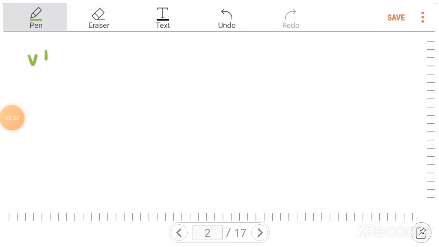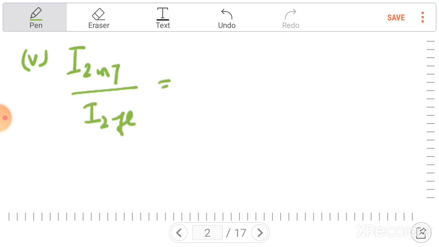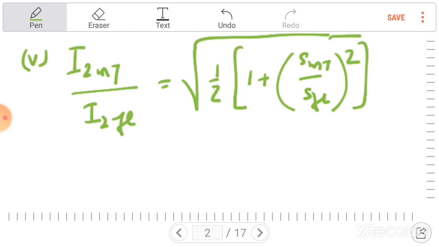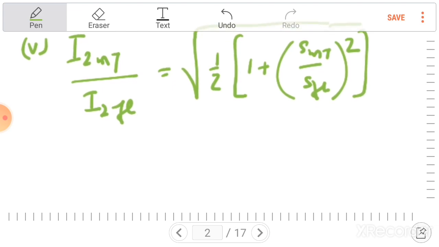So for option 5, we use the current relation: I2 at maximum torque divided by I2 at full load is equal to under root of 1 by 2 whole bracket 1 plus (S at maximum torque divided by S at full load) whole square, bracket closed. This formula will be used and we will put the value and find the ratio.